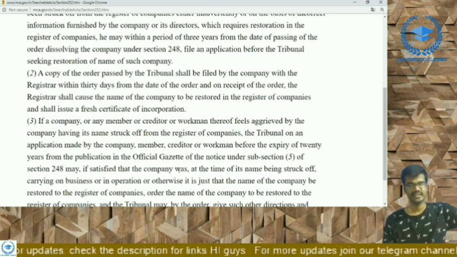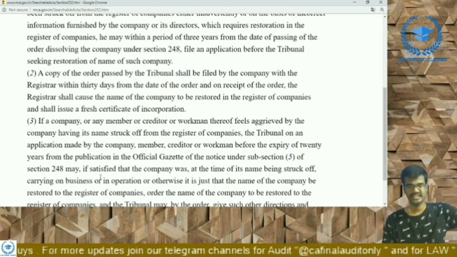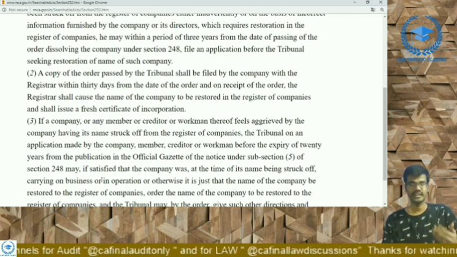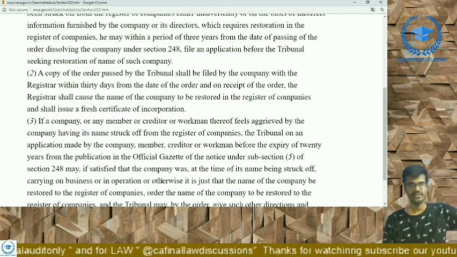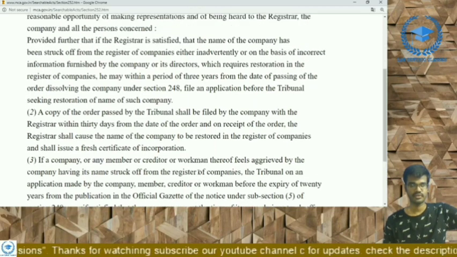If satisfied that the company at the time of the name being struck off was carrying on business, or in operation or otherwise, it is justifiable that the company name be restored, right?